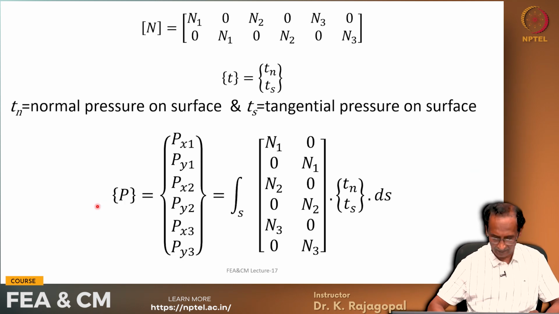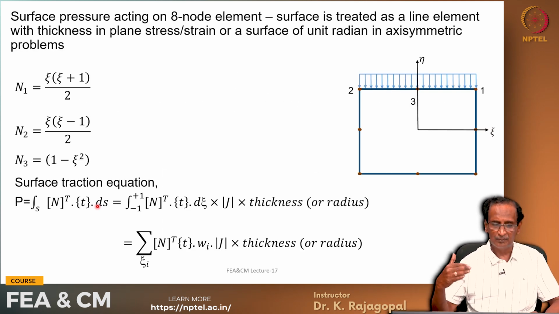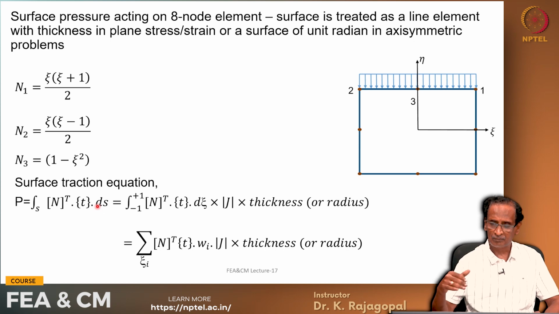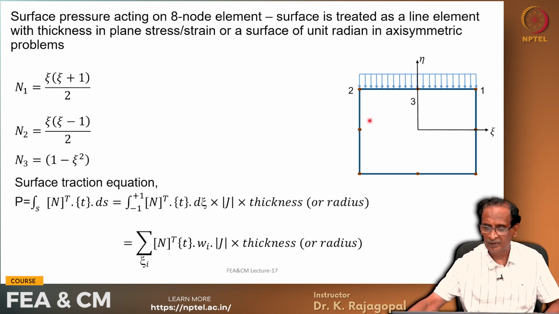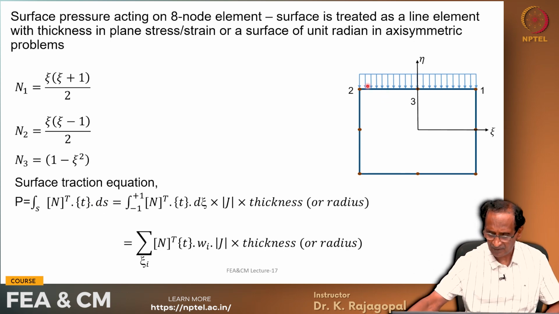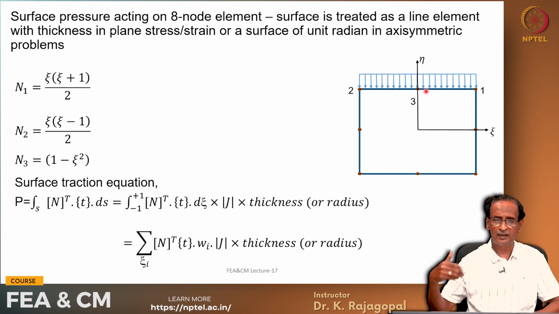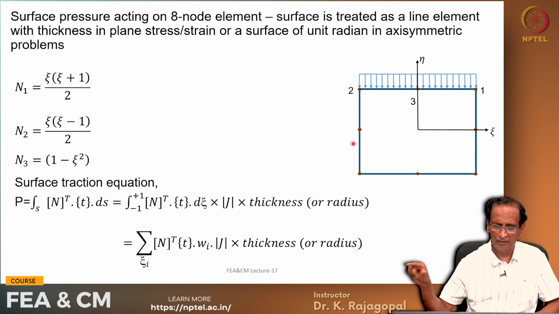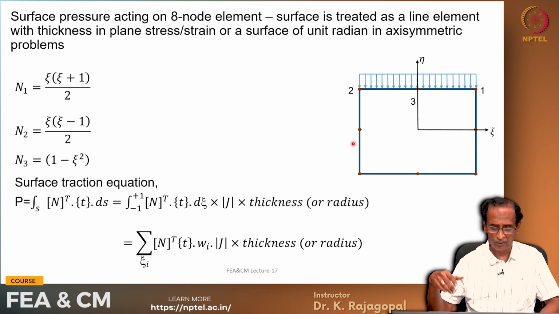and initially we will do simple calculations, and we will not assume any direction for these forces, except what we know. If there is a normal pressure acting on this surface, it is in the negative y direction, or if it is acting on this side, it is along the x direction, and so on.